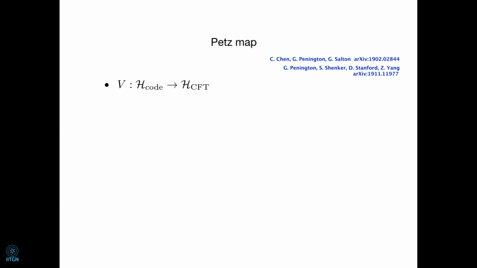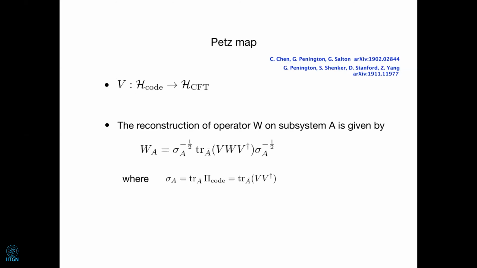For the Petz map, I will use the specific form given in these papers from last year. So here's a quick review. The Petz map uses the knowledge of the embedding of the code subspace into the boundary CFT Hilbert space. Let's denote this embedding by V. Let's say we want to apply an operator W on the code subspace, but we only have access to subsystem A. We trace out subsystem A bar.